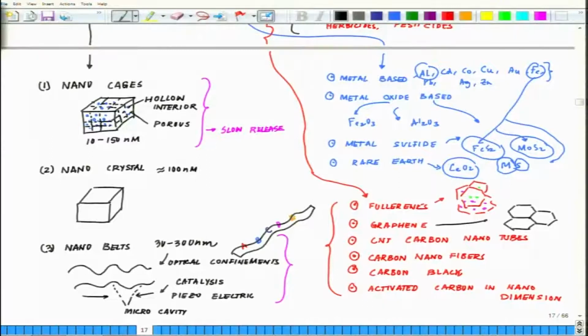Carbon nanotubes are hollow tubes of carbon, something like this. Carbon fibers are like nanofibers, fibers like this. And carbon blacks are nothing but particles, and activated carbon is also similar to particles.